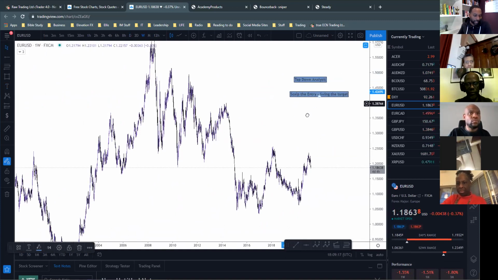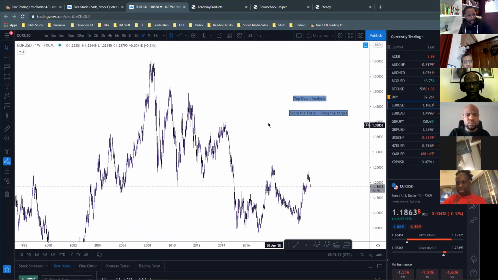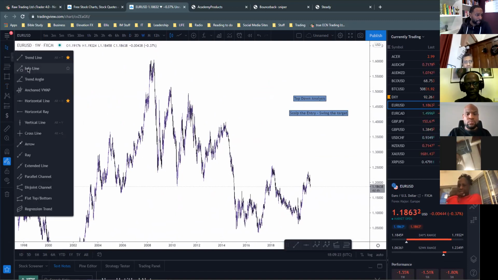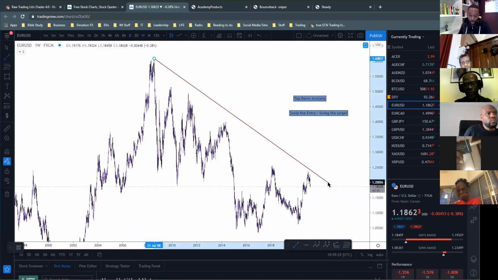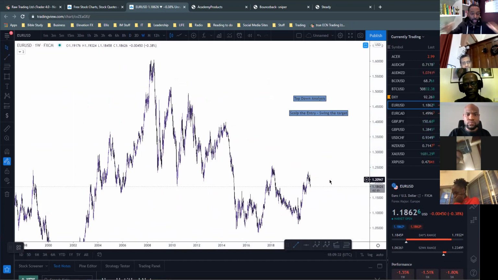This is years' worth of data, but I think everybody can see that in the long term, we are in a very clear downtrend in euro dollar. All you do is narrow down and say, okay, the long-term trend is down. Too many years for us to really care about, but the long-term trend is moving lower.